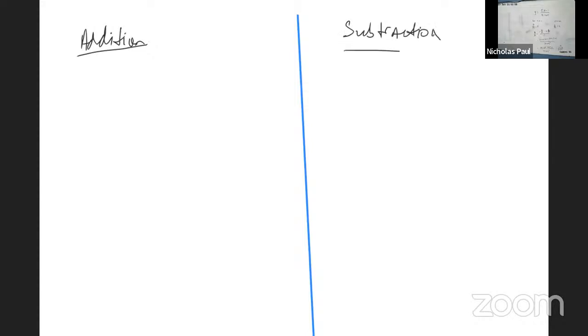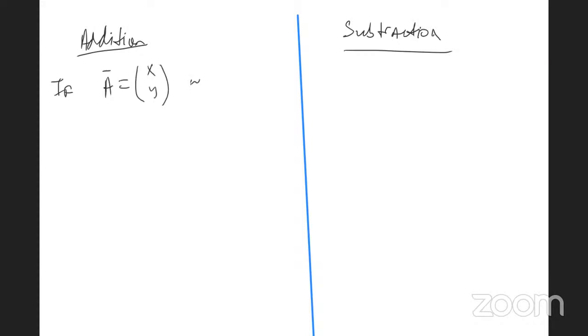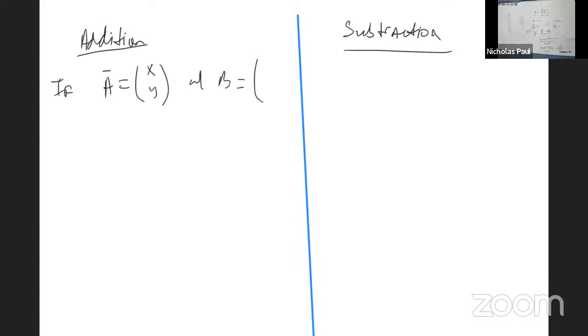To add, if I give you a vector A, which is (x, y), and a vector B, and I ask you to find vector A plus vector B, real easy. Add the x values, add the y values.